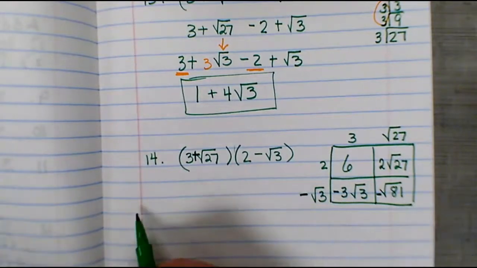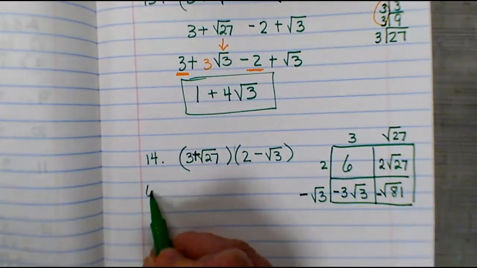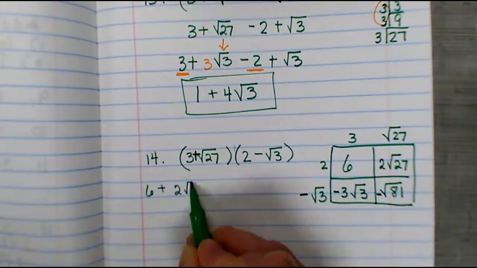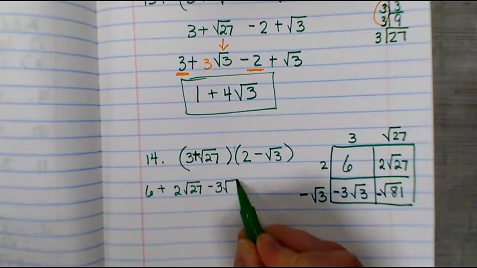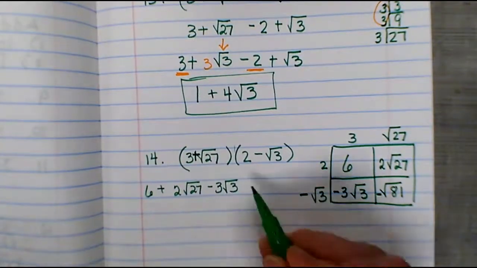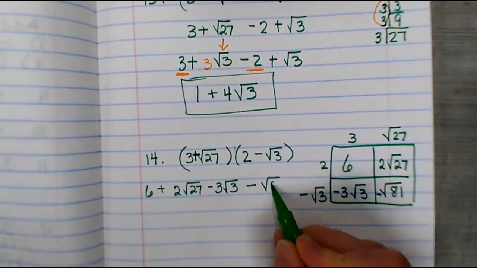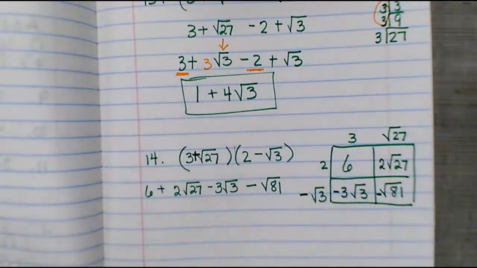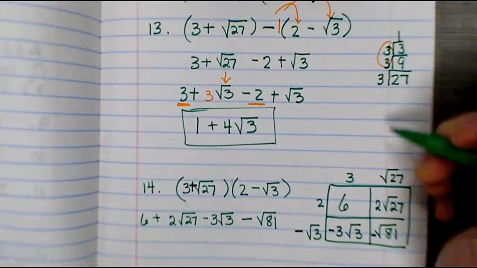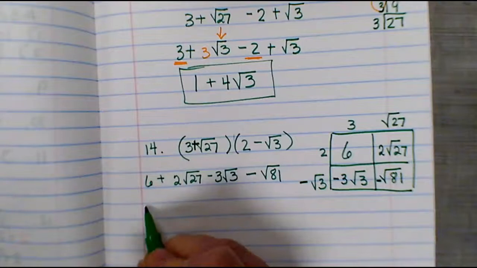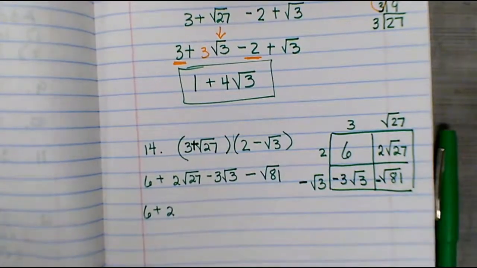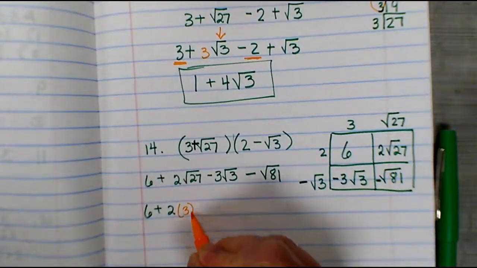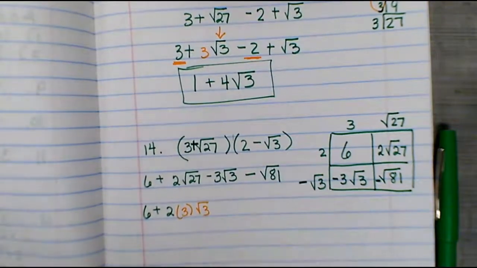So we have 6 plus 2 square roots of 27 minus 3 square roots of 3 minus the square root of 81. Now we simplify the 27 right up here, so we know that the 27 is 3 square roots of 3.